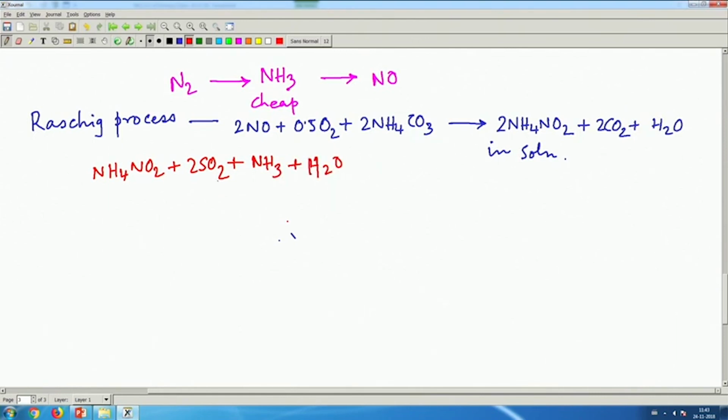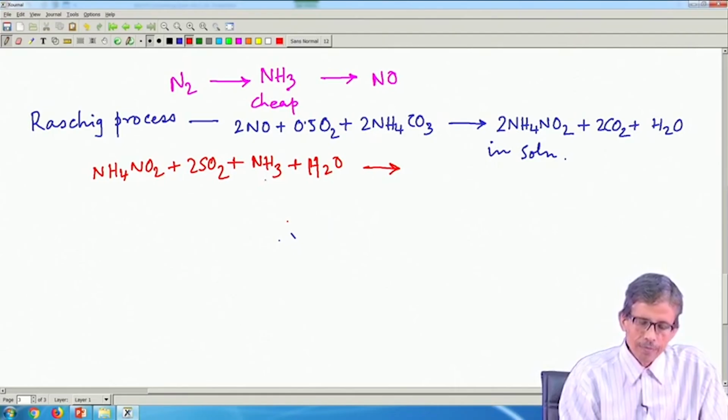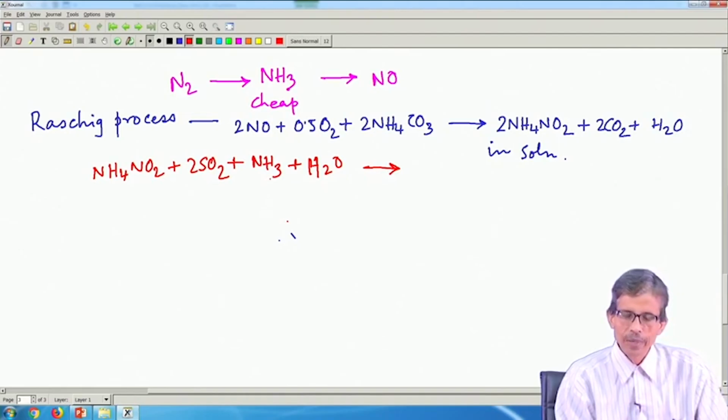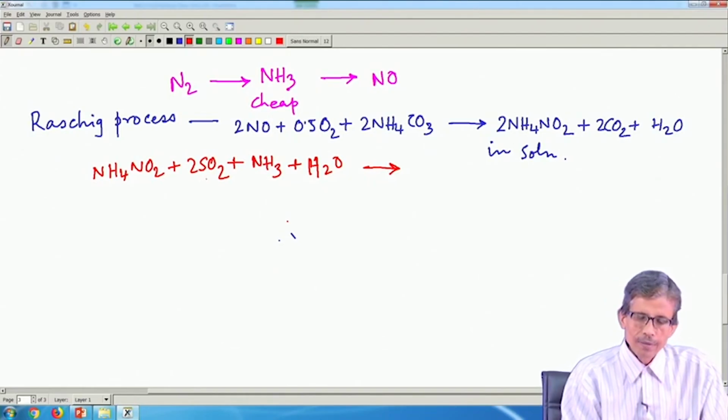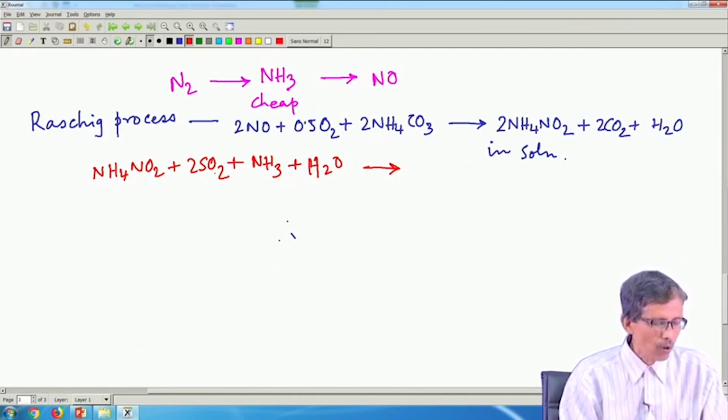So, we get something related to ammonia, that means hydroxylamine, and sulfur dioxide is supplied to give the corresponding sulfate salt.